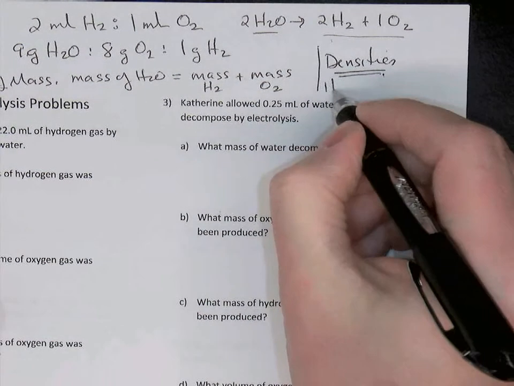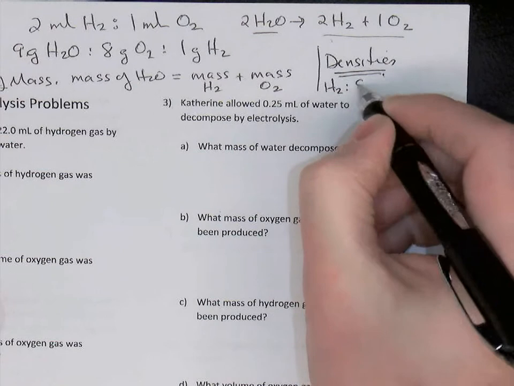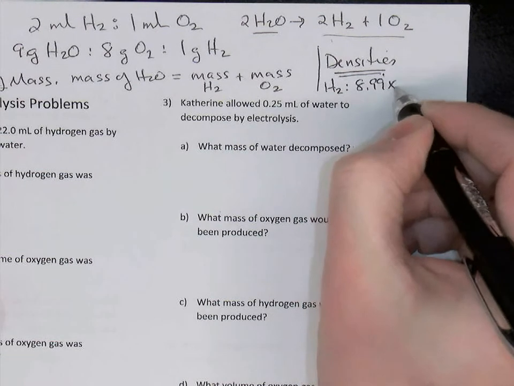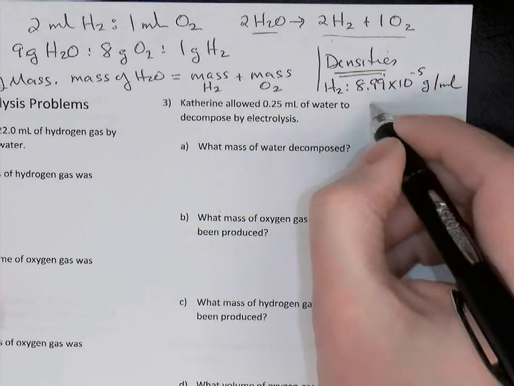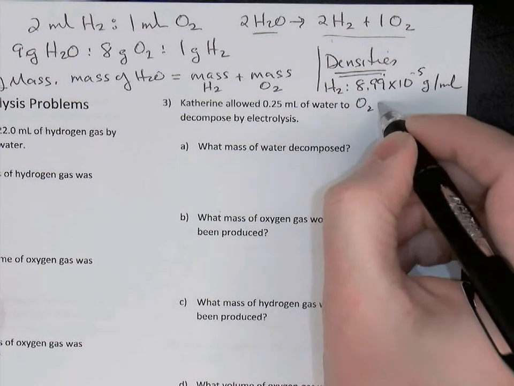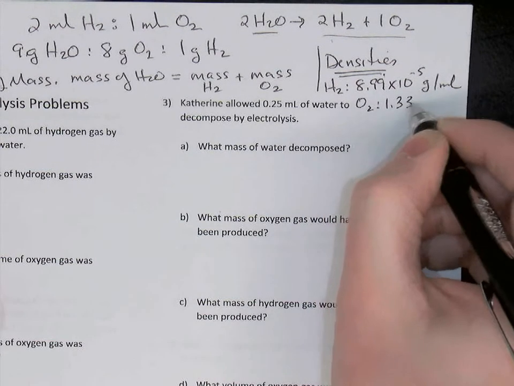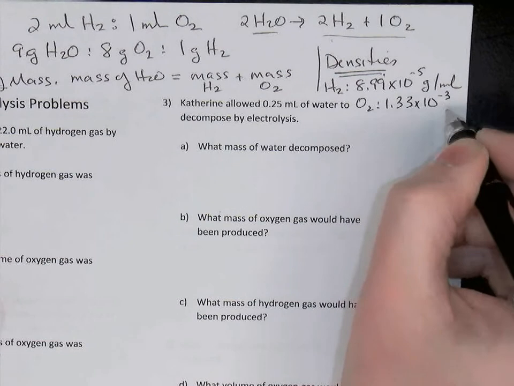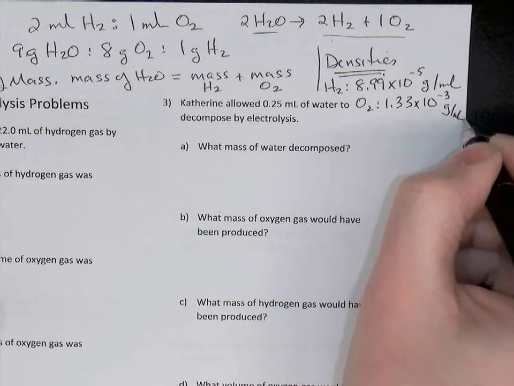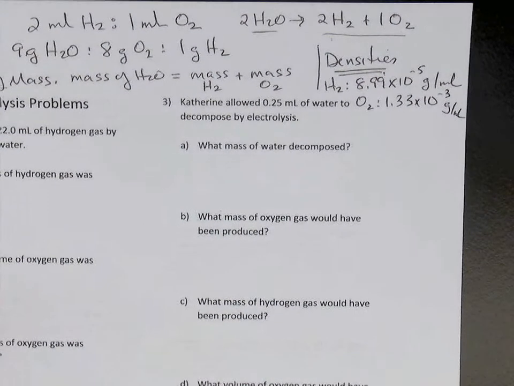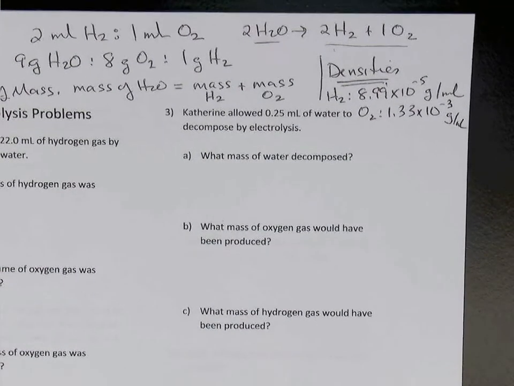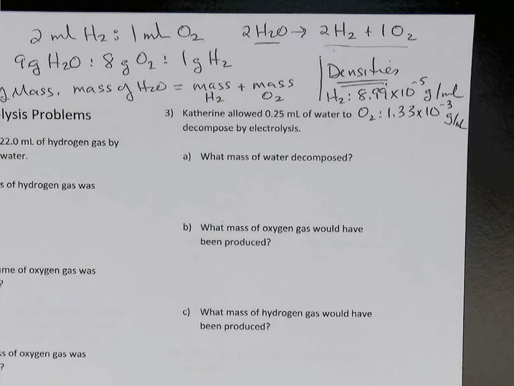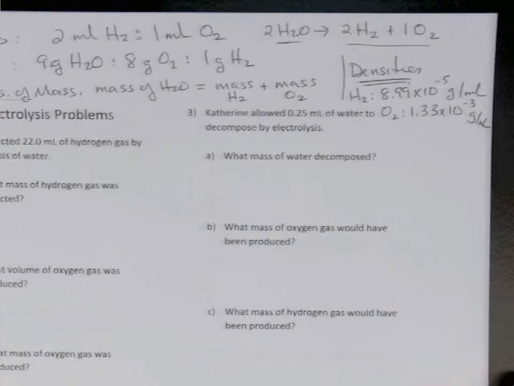For hydrogen, that density is given as 8.99 times 10 to the minus 5 grams per milliliter. And for oxygen, the density is 1.33 times 10 to the minus 3 grams per milliliter. And that's given at standard temperature, 20 degrees Celsius and 101 kilopascals pressure.